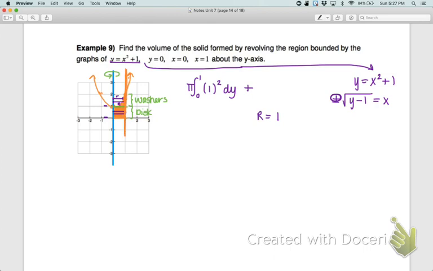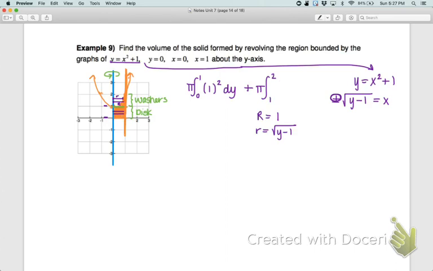However, little r measures from the y-axis to the curve. And that is what that function does. x equals the square root of y minus 1 measures from the y-axis to the curve. And so little r is going to be the square root of y minus 1. And so our integral is going to be pi times the integral from, this time we're going from 1 to 2.